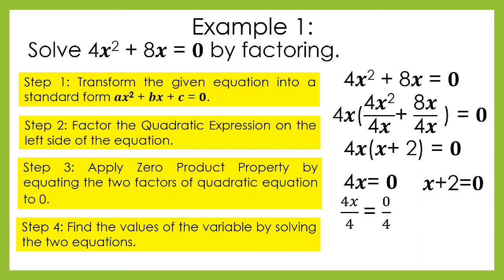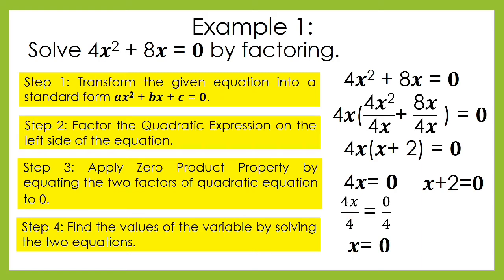We now have 4x over 4 equals 0 over 4. Simplify, we now have 4x divided by 4 is x. 4x divided by 4, makakancel.